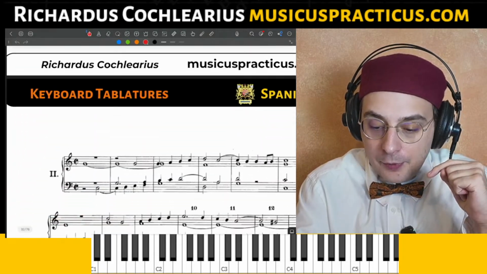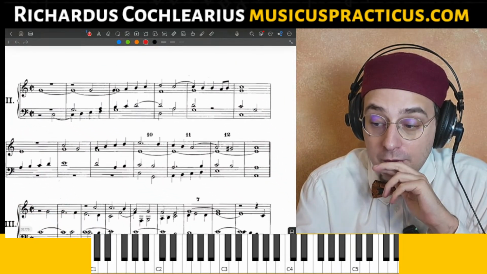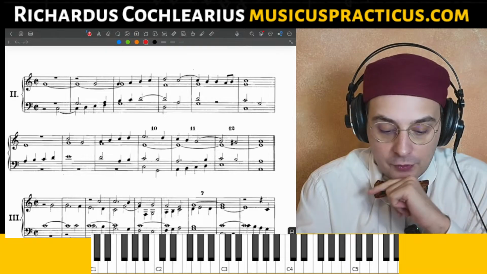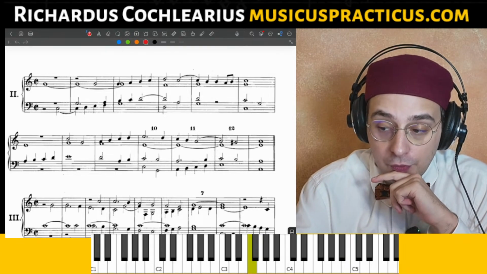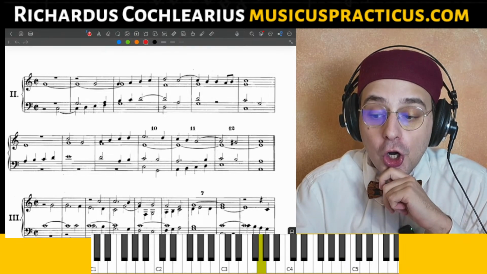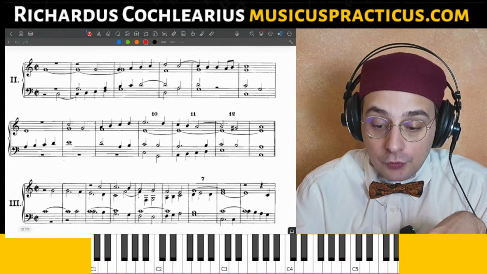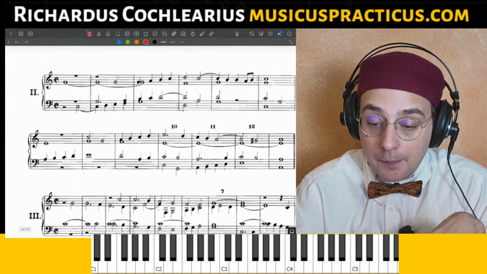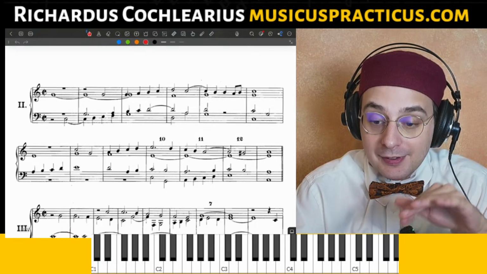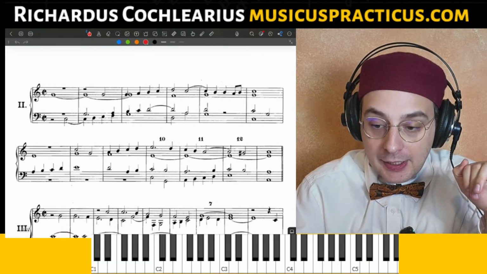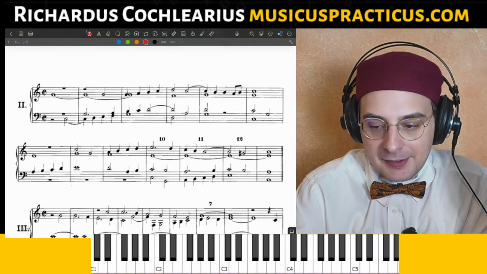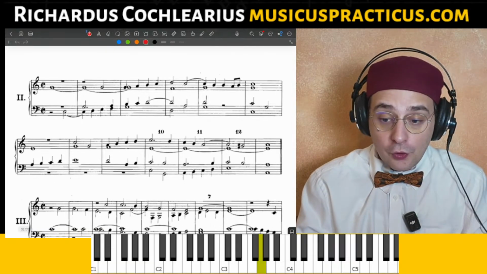Or another example here, which is very interesting because we have a cantus firmus, so there is the tenor in the alto. The tenor, I mean the reciting tone, in the alto.